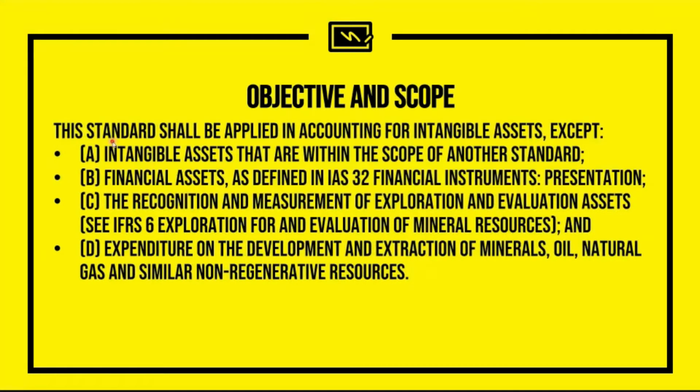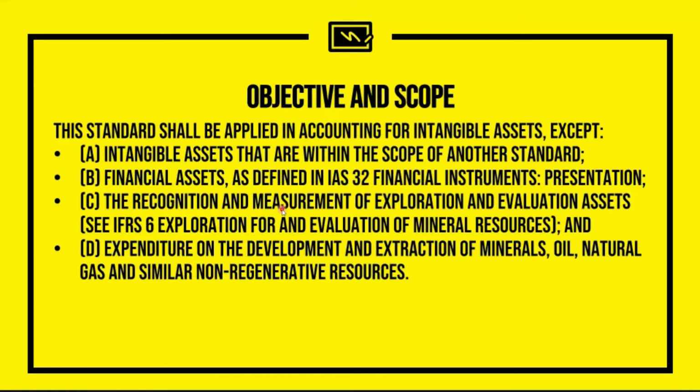So the standard will be applied for the accounting of all intangible assets except for those that are specifically covered by other standards, such as intangible assets that are within the scope of another standard, meaning if a specific standard is already covering that, then it is not covered already by IAS 38.